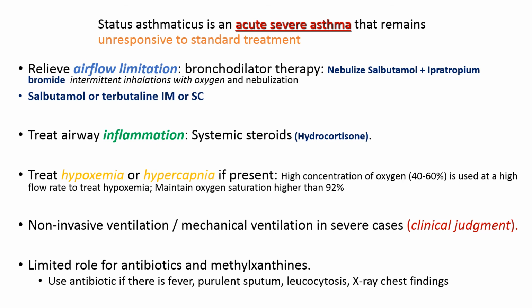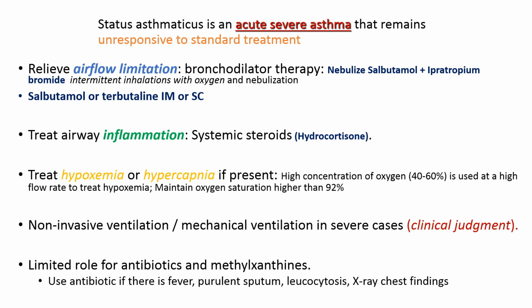There will be severe airflow limitation and there will be severe airway inflammation. So to relieve the airflow limitation, you have to naturally go for the bronchodilatory therapy, but here you have to start with the nebulized form. You have to give nebulized salbutamol plus Ipratropium Bromide, and intermittent inhalation with oxygen should be given.